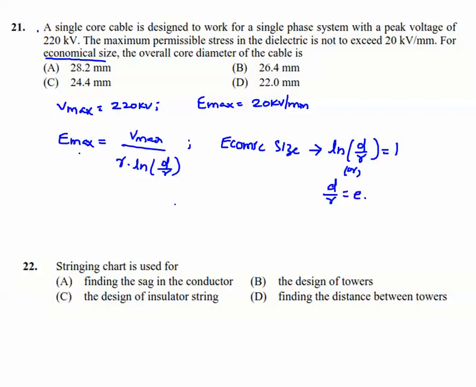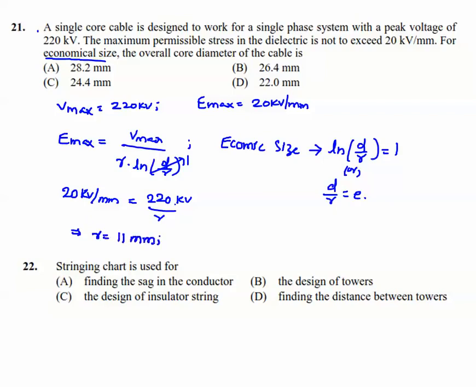Okay, so this is going to be 1 here, and E max is 20 kilovolts per millimeter, equal to 220 kilovolts by r here. So by solving this, r is nothing but 11 millimeters.